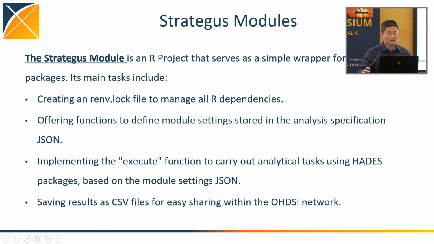It also offers the function to define the module settings stored in the analysis specification JSON provided by Patrick. And then we just implement the execute function to carry out our analytic task by using either one or many Hades packages based on the module settings in the JSON file. After the execution, we have the standardized output as CSV files, and we can share within the OHDSI network. So that is about the Strategus module.